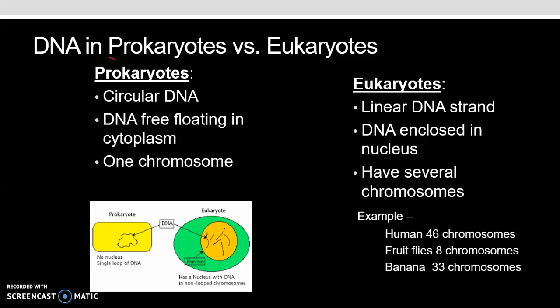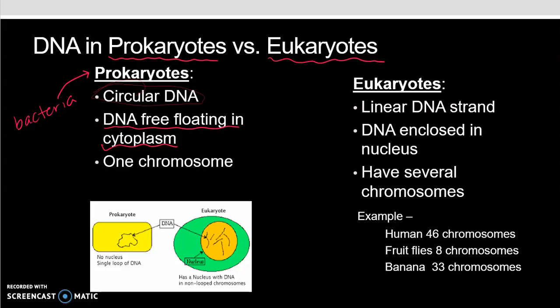Before we get into how DNA is packed into chromosomes, we're going to talk about some of the differences between DNA in prokaryotes and DNA in eukaryotes. So in prokaryotes, which for example are bacteria, their DNA is circular and it's free floating in the cytoplasm.